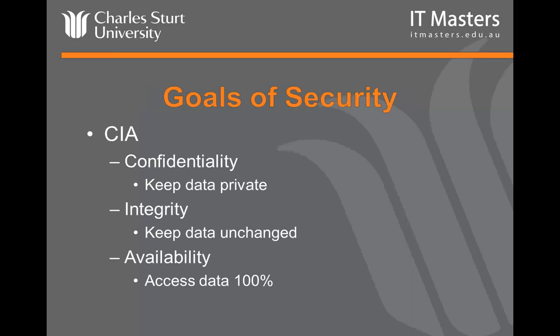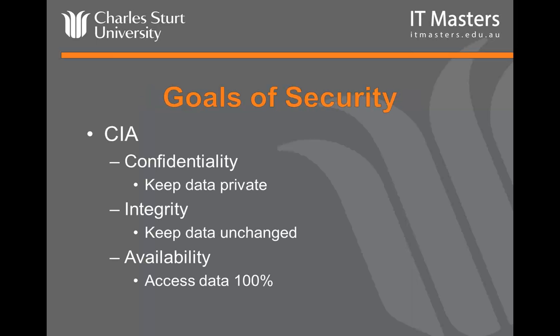So, goals of security. There are three main goals of security that most security certifications will talk about, called the CIA triad or triangle. The first one, the C, is for confidentiality, which is just about keeping your data private. Don't let anyone see it who shouldn't see it.